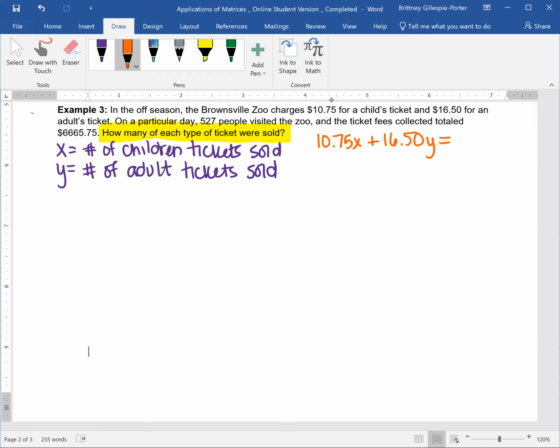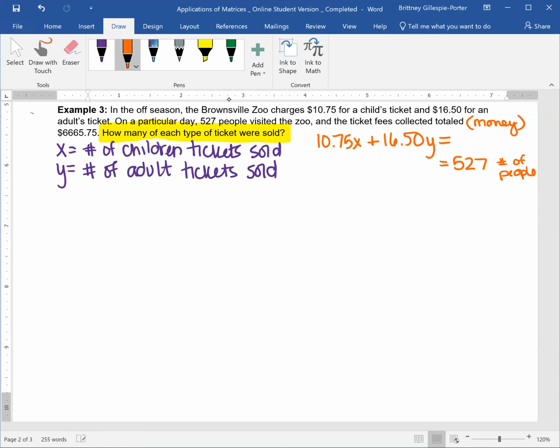And right now we're working on a money equation. On a particular day, it says 527 people. We're not going to use that 527 with this equation because that's money. So that 527 is going to go in a different equation where we talk about the number of people.